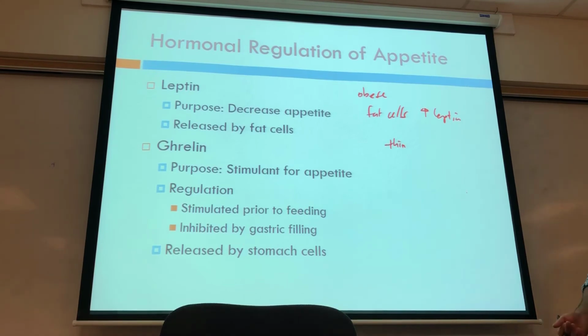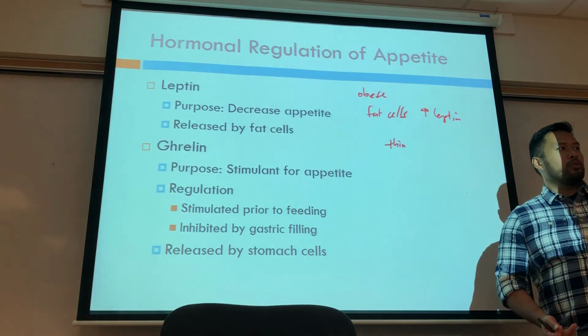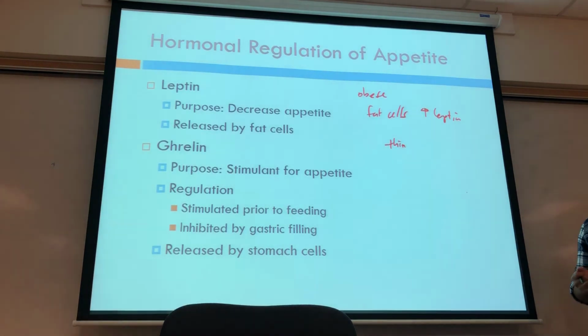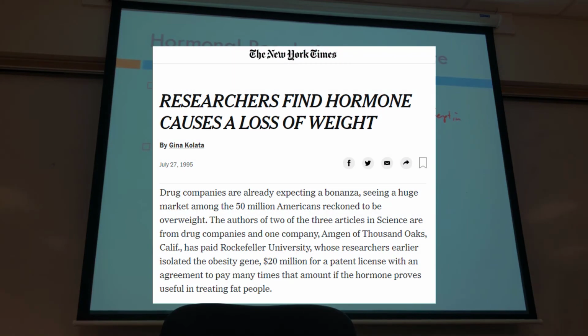And these mice would just consistently overeat. But then they gave leptin back to these knockout mice. They injected leptin back in, and they found that these mice all of a sudden started losing weight. They were able to regulate their appetite, and over the course of a couple weeks, they were back to their normal weights. So Amgen caught wind of this whole study that said leptin has the properties to reduce body fat.